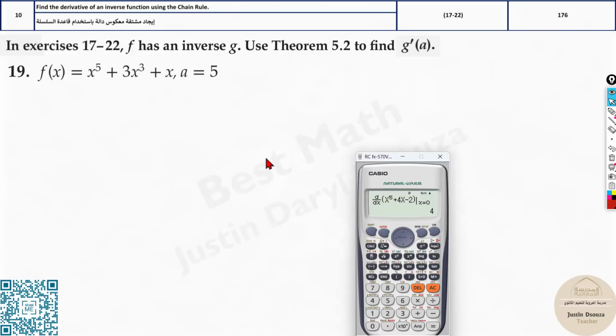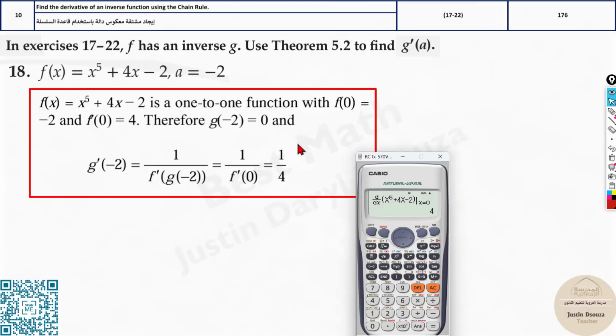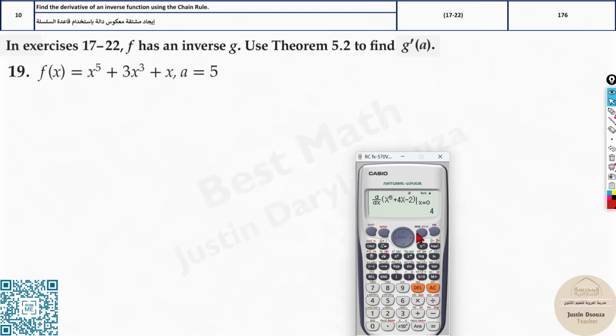Let me just do one more because I want some other answer. So this is the first, and 17 and 18 are the same answers, 1 by 4, 1 by 4. Let me just quickly do this in calculator. Again, type it out. X to the power 5 plus 3x cubed plus x over here equals how much? It's 5.